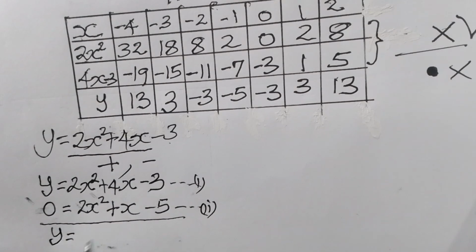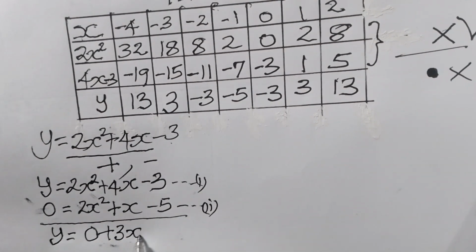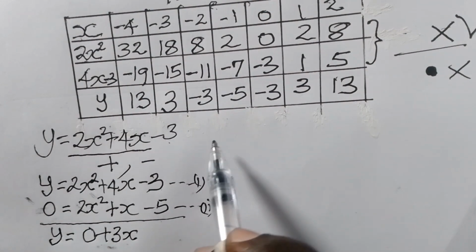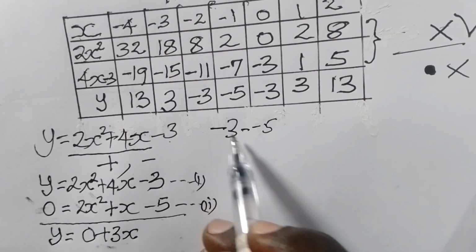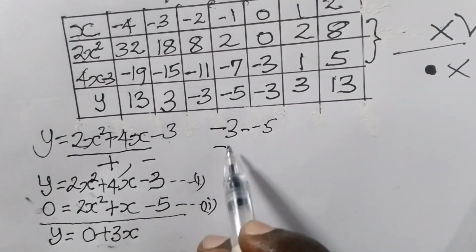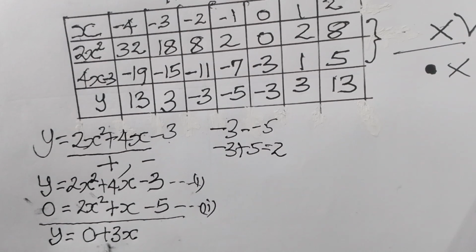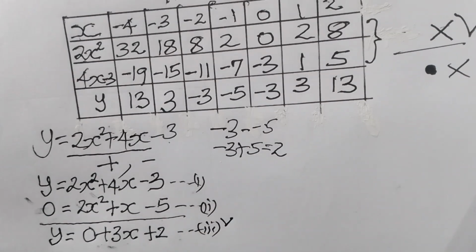This reduces to 0. 4x minus x, positive 3x, and then negative 3 minus 5. This changes into a positive sign. So this will be negative 3 plus 5, which becomes positive 2. So y is equals to 3x plus 2. So this is the third and the straight line that is required from us.